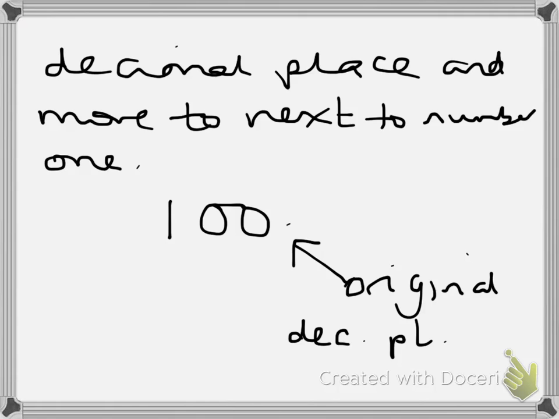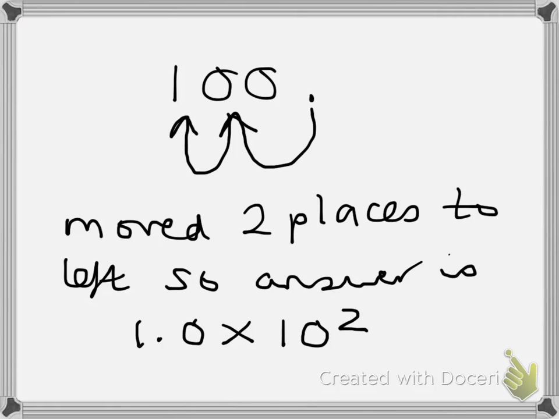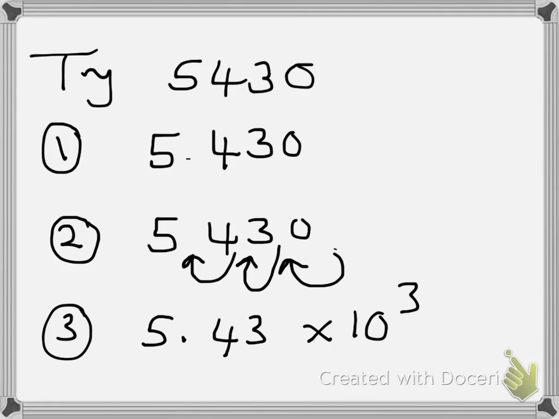So we now need to move it so that it's next to the number 1 that we selected. To do that, we need to move it back, or to the left, by 2 places. You can see that I've moved the decimal place past the first 0, then the second 0, so we make it 1.0. So I've moved it to the left by 2 decimal places. The answer is 1.0 times 10 to the 2 in standard form.